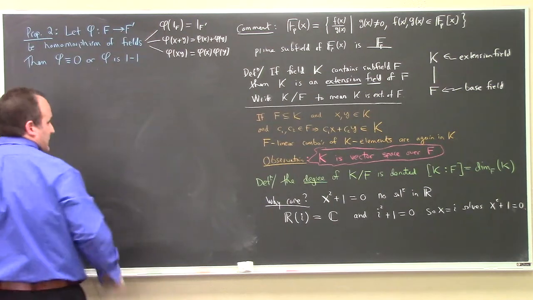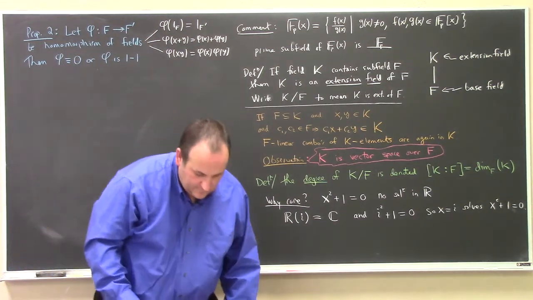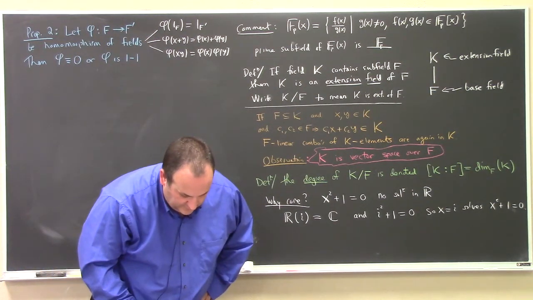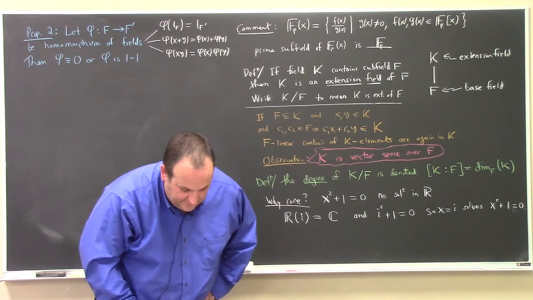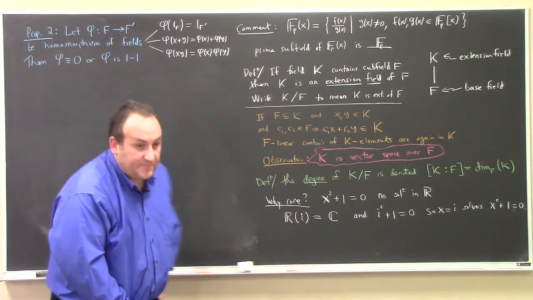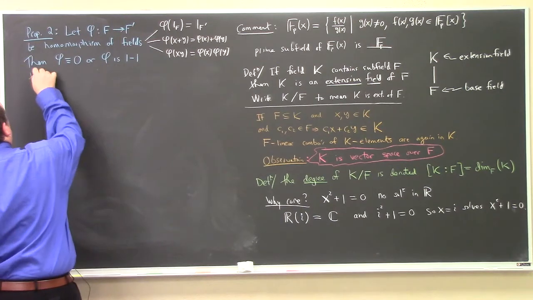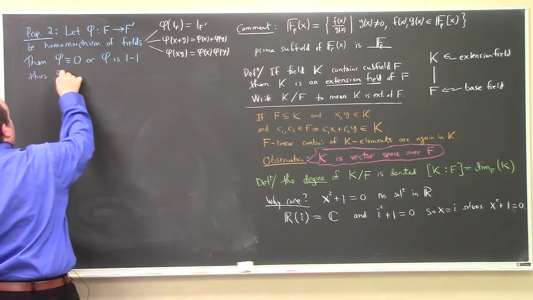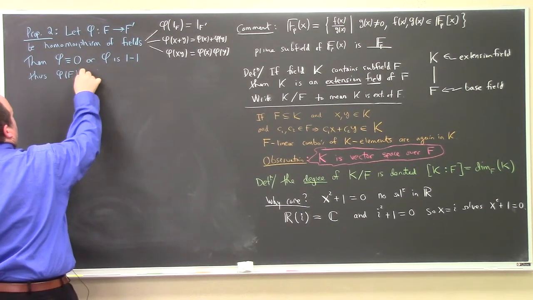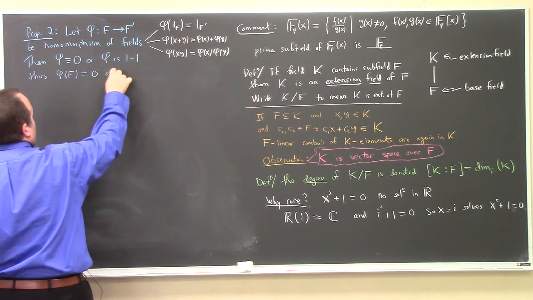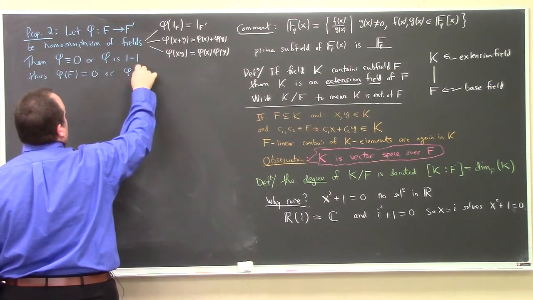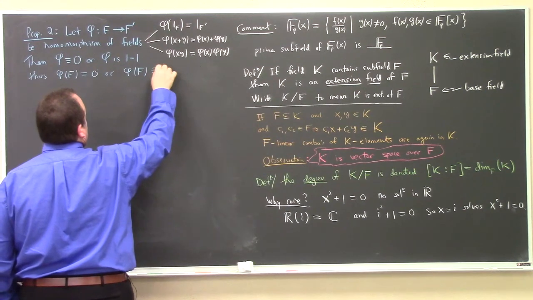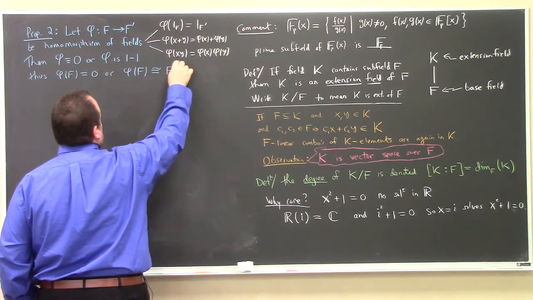It's 1 to 1, it's injective. So the image of phi is either 0 or isomorphic to F. So phi of F is either equal to 0 or phi of F is isomorphic to F prime.